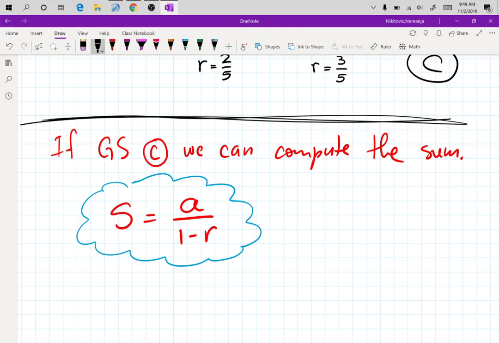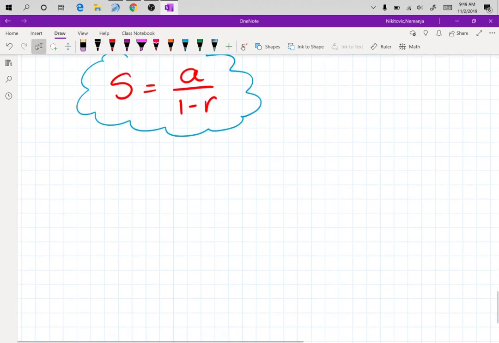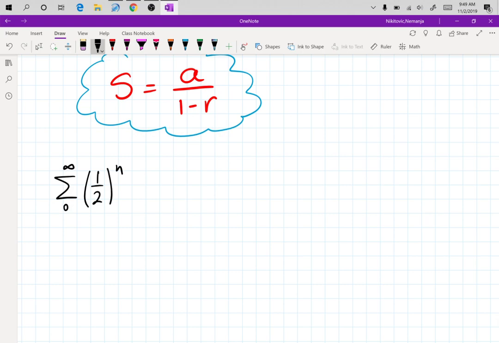Great. So now we have our summation of 1 over 2 to the n from 0 to infinity. And now what we have from here is we know it converges, right, because r is less than 1. So we know that a is 1 and r is 1/2.